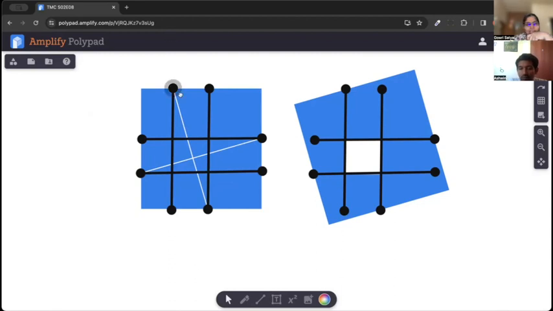How? So this white line is a hypotenuse, which ends up being the edge of the bigger square when we reassemble.